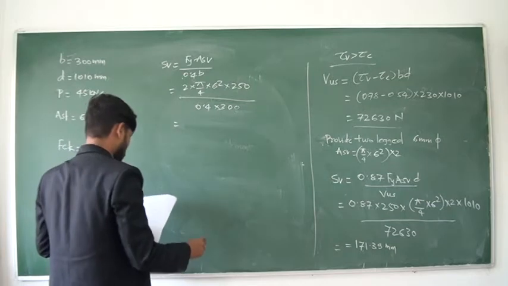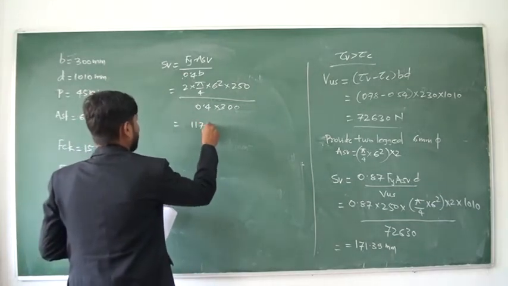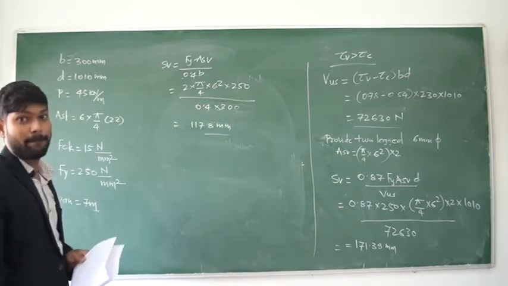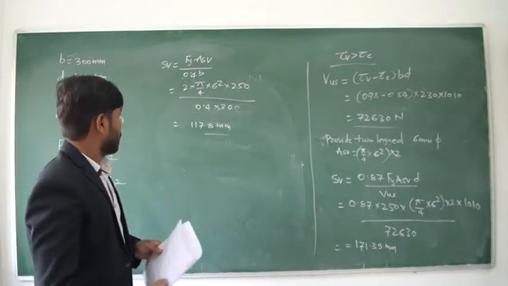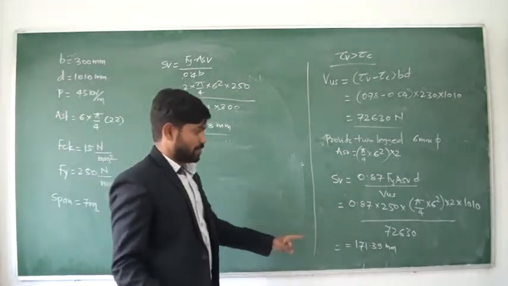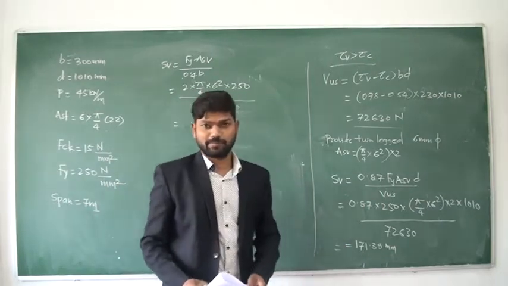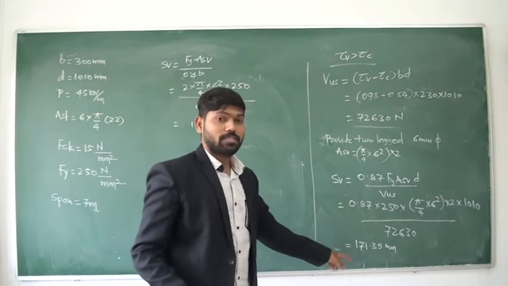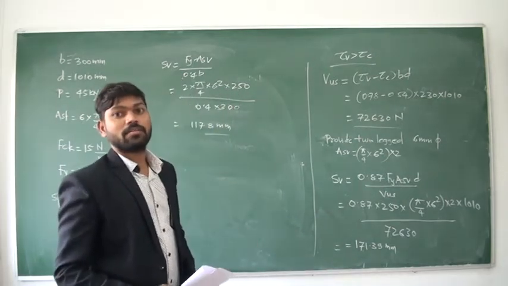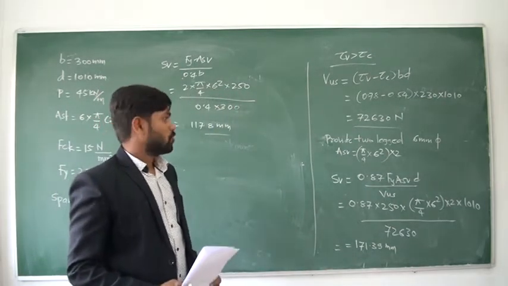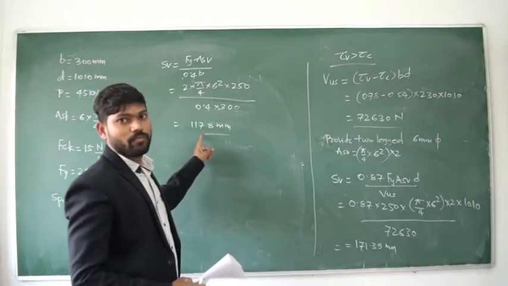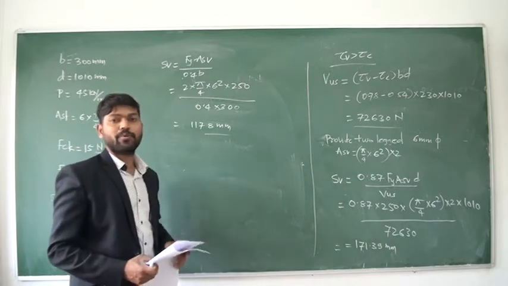Here it is 117.8. Again, this is 117.8 and this is 171.39. So this value is less. You can't exceed the spacing above this value, that is 117.8.